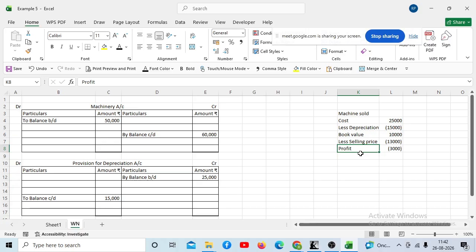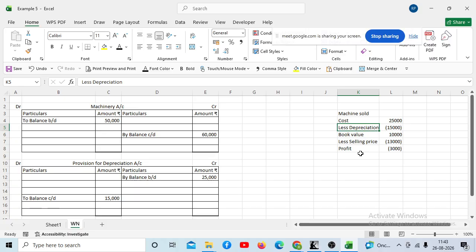Okay. Now let us write this in the account as well as in the cash flow statement. See here, depreciation. Can I say depreciation means the value of the asset is increasing or decreasing? Decreasing.